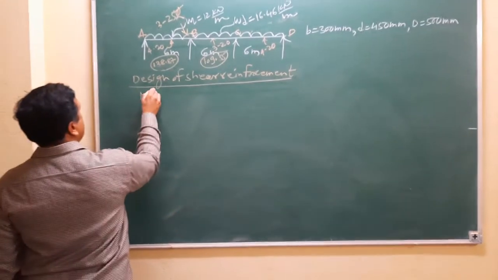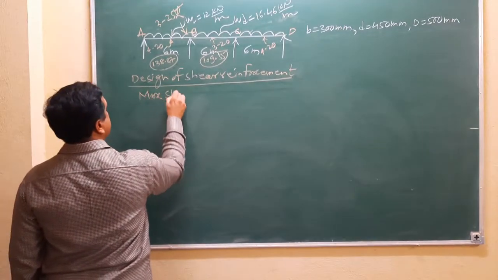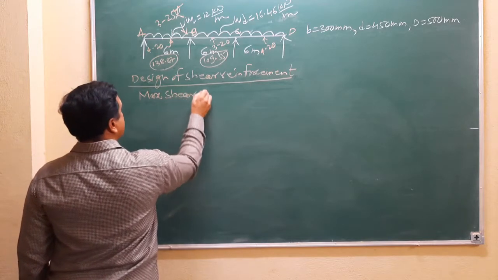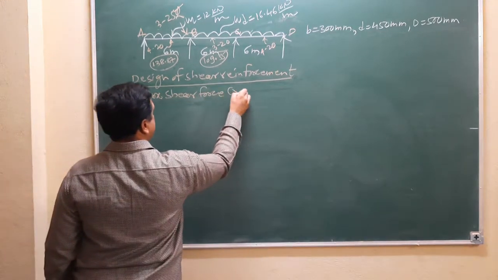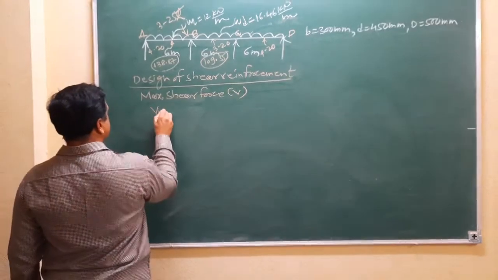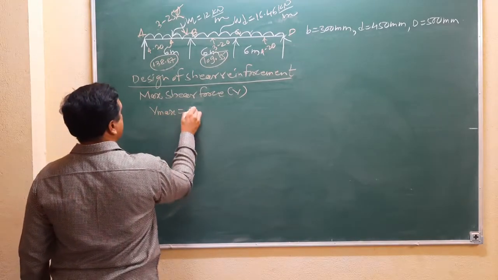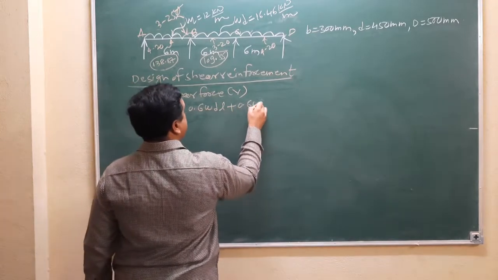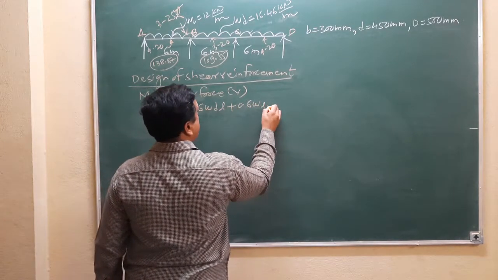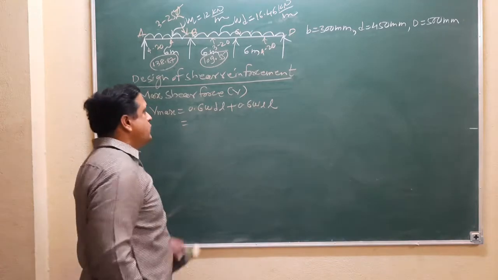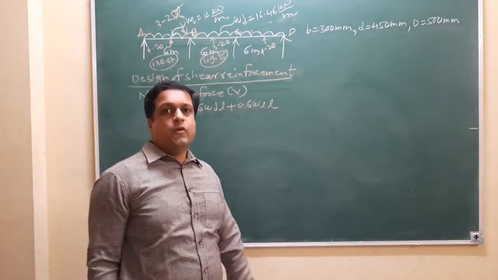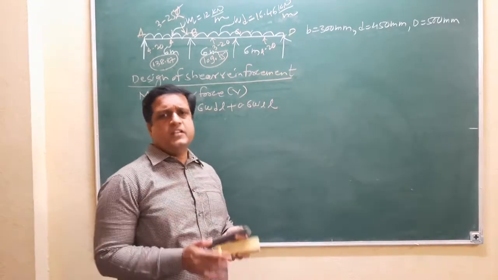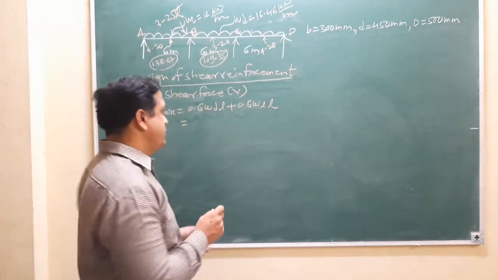So the maximum shear force V max is equal to 0.6 W dead into span plus 0.6 W live into span. The coefficients are taken from Table 13, page number 36, IS 456.